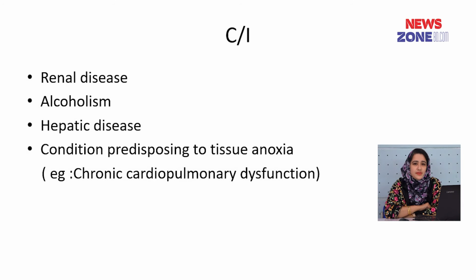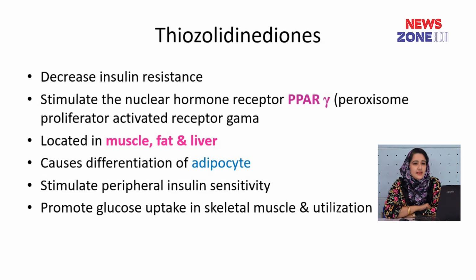What are the contraindications of metformin? Number 1 is renal disease, alcoholism, hepatic disease, conditions predisposing to tissue anoxia like chronic cardiopulmonary dysfunction.